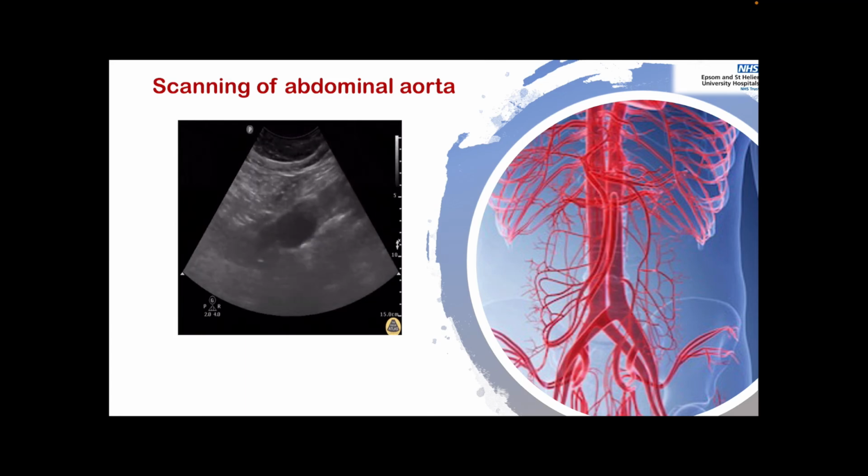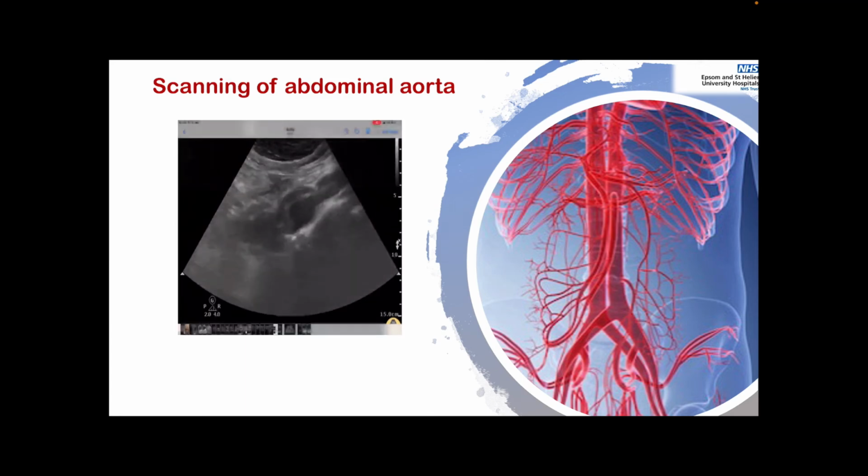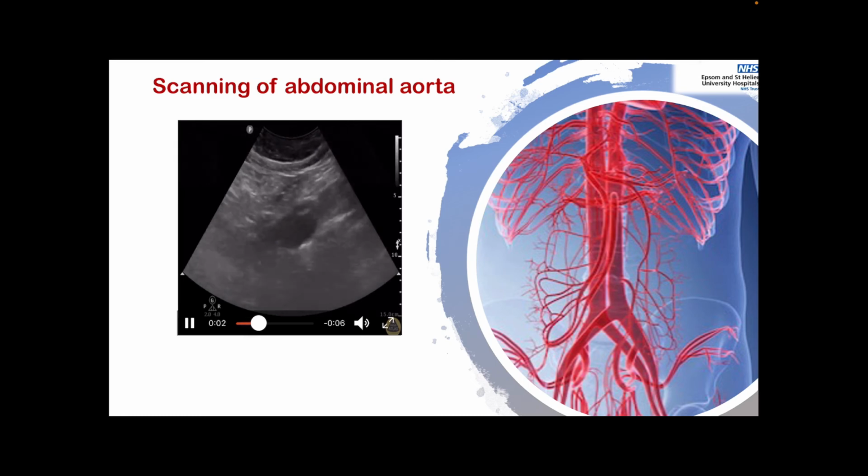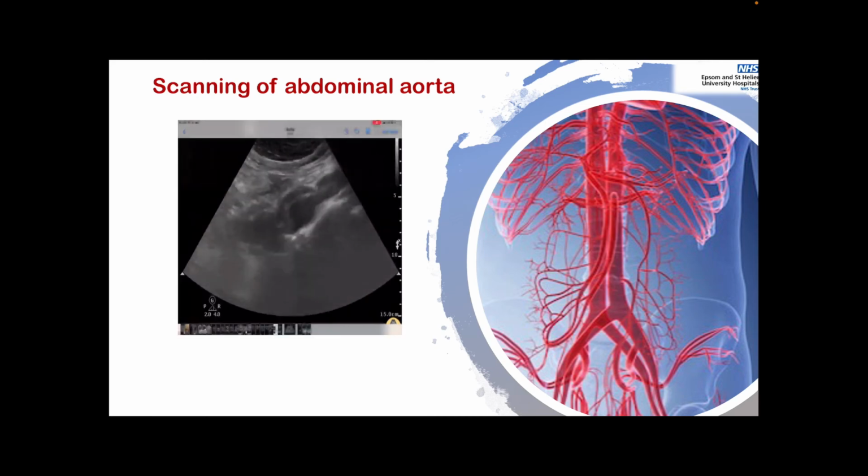So there is a flap of dissection of this abdominal aortic aneurysm. This flap is moving with the pulsation. You can see it there. So it is dissected. Some of the blood goes within the flap.